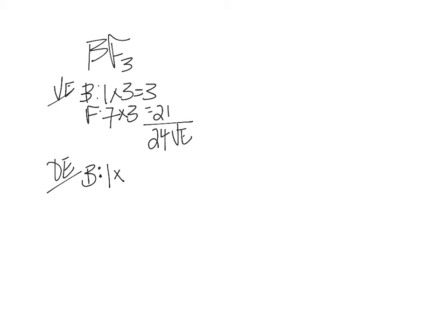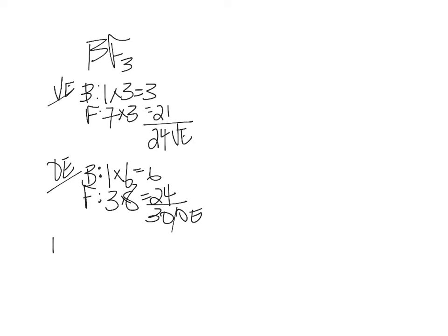Boron, we call it boring, because instead of wanting 8 valence electrons, boron will only want 6. Fluorine, we know, wants 8. 3 times 8 is 24, plus 6 is 30. 30 octet electrons.